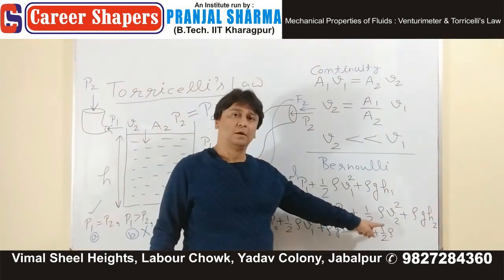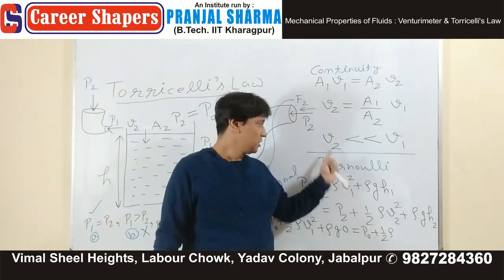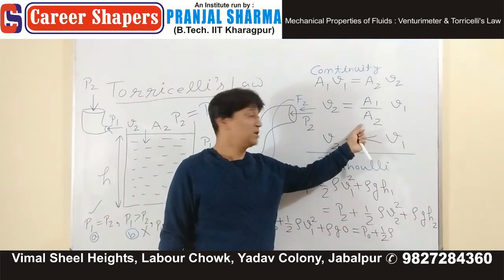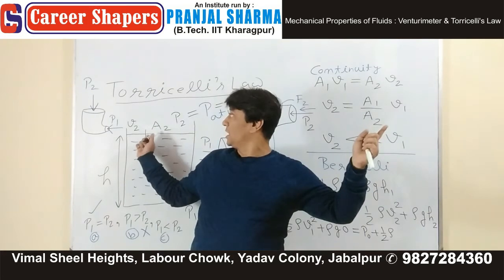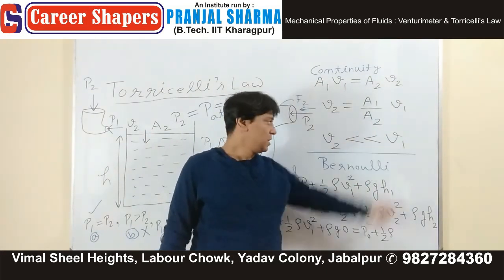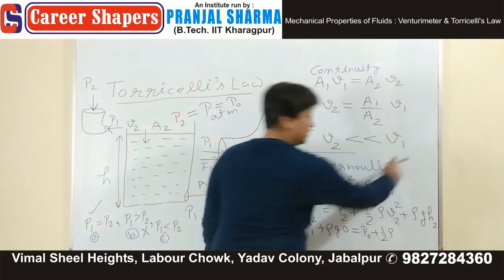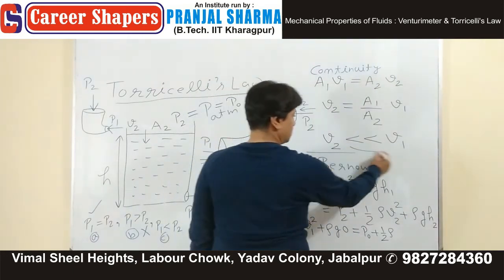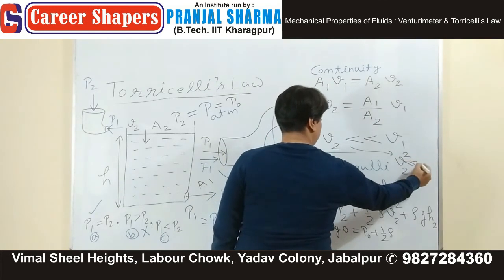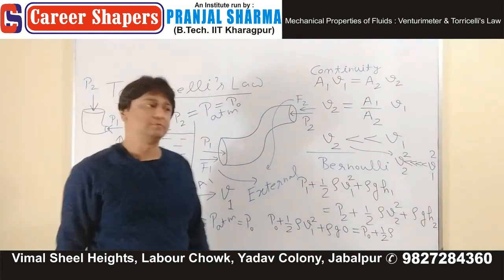Now let's again use a shortcut. You can see that V2 is much smaller than V1 because A2 is much larger than A1. A2 is much larger and therefore V2 is much smaller than V1. If V2 is much smaller than V1, then V2 square will be even much smaller than V1 square.